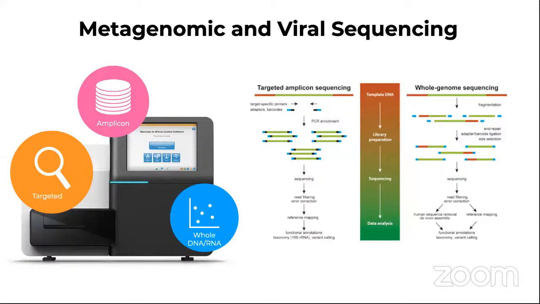So 3 major examples that we will again look at in much greater detail in our next session are targeted sequencing, when a particular gene or even a region of a gene is amplified using PCR amplification.